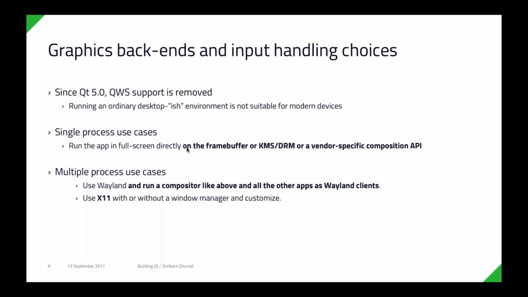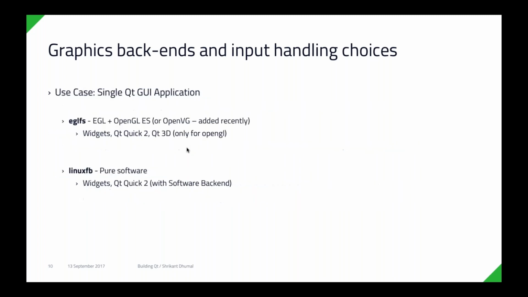Most of the support would be already there, but if you have to make some changes, there are places where you can do that. And the multi-process use case is also handled. Either you use X11 or Wayland. Qt provides support for both these by means of the platform plugins. So that use case is handled as well. In the single Qt GUI application use case, these are the two most used options.